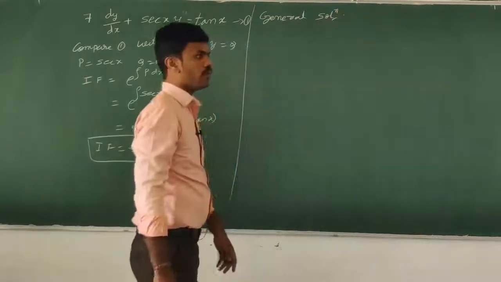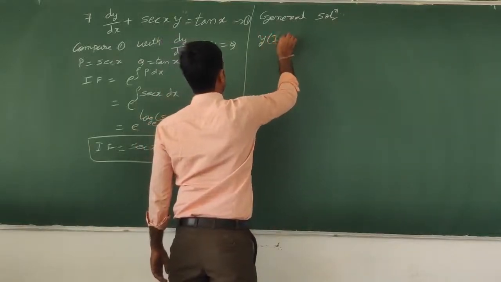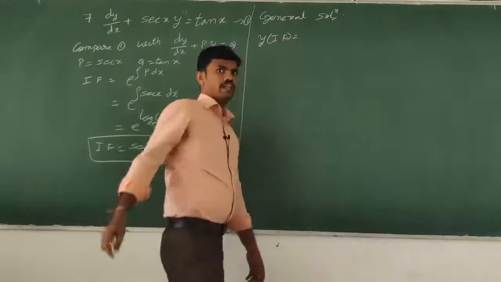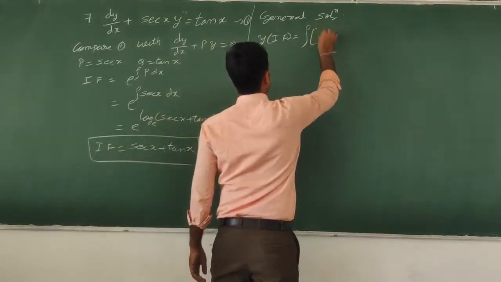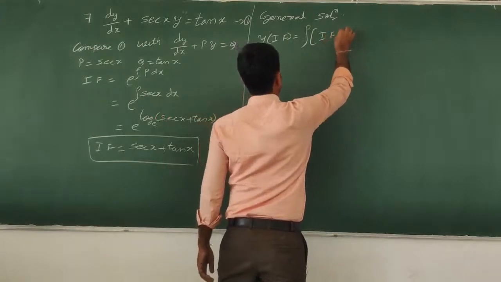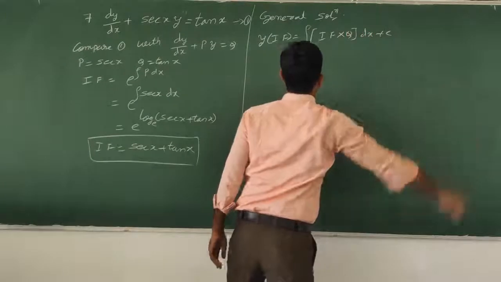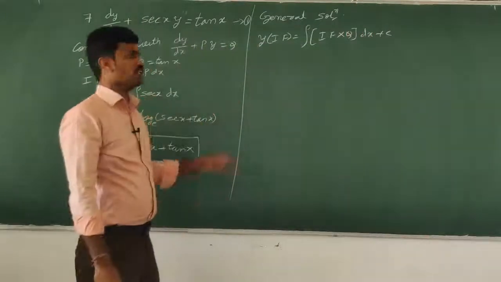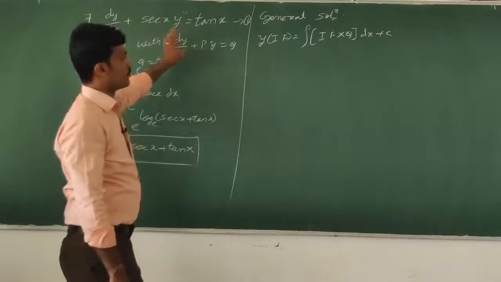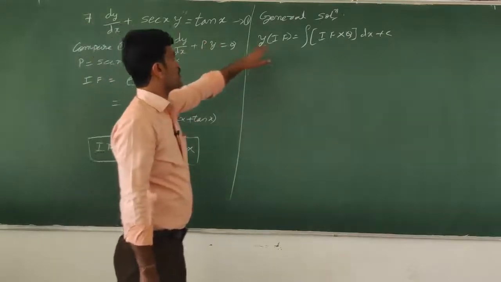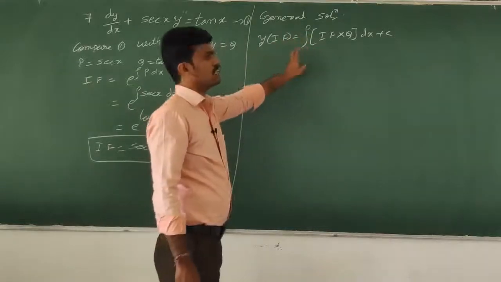You know the formula for the general solution: y into integrating factor is equal to integration of integrating factor into q whole dx plus c. This is the general formula to find the solution for a linear differential equation. Now we already know the values of integrating factor and q. Just substitute those values in this equation.